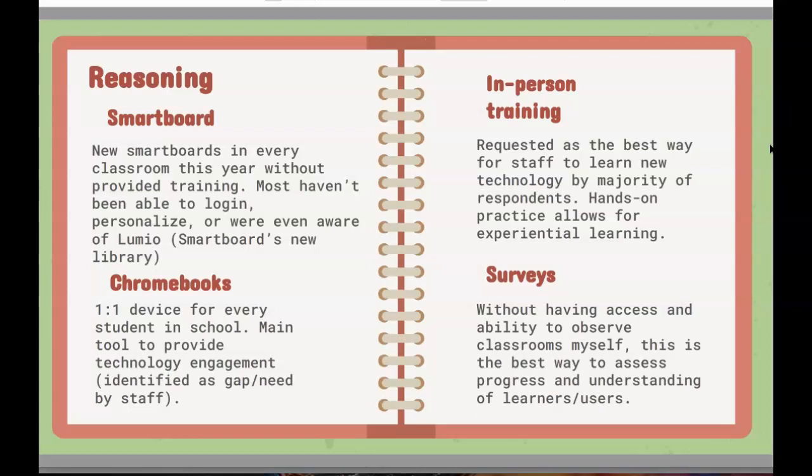In-person training requested as the best way for staff to learn new technology. I like that you're using what's been requested, topic and methodology, and then you're using surveys, and I like that you're saying upfront, without having access and ability to observe classrooms myself, this is the best way to assess. You're absolutely right, and it's also very efficient.